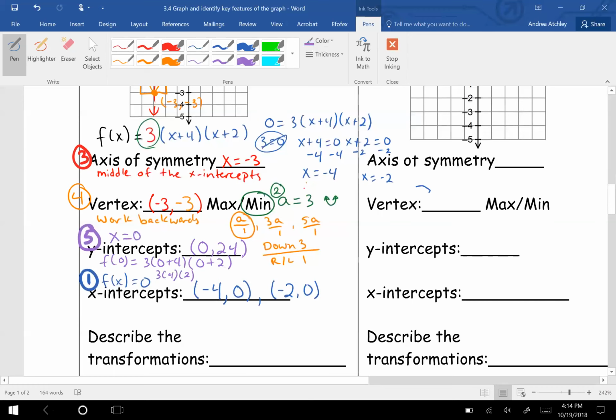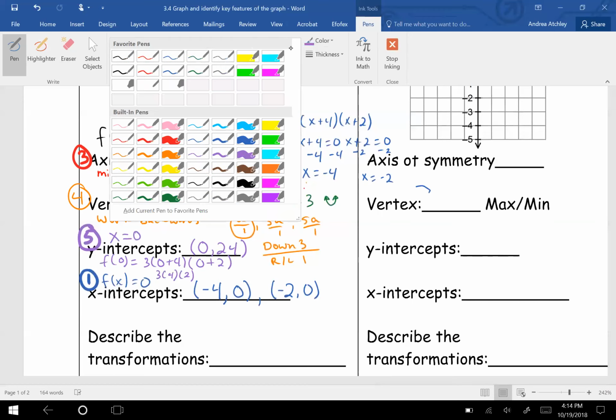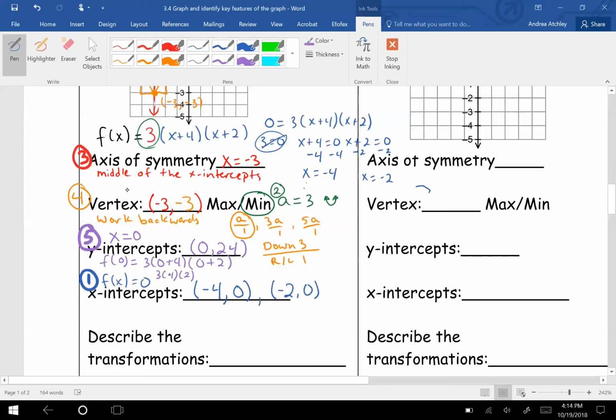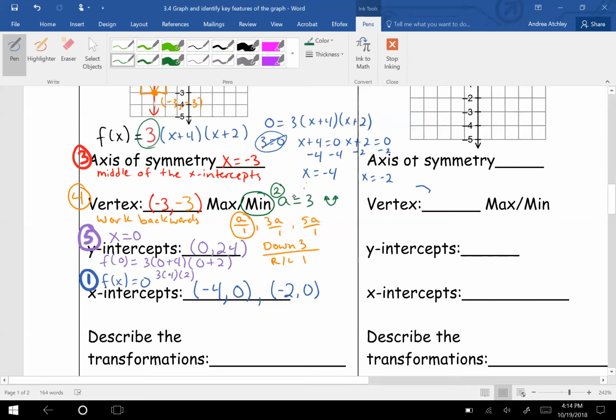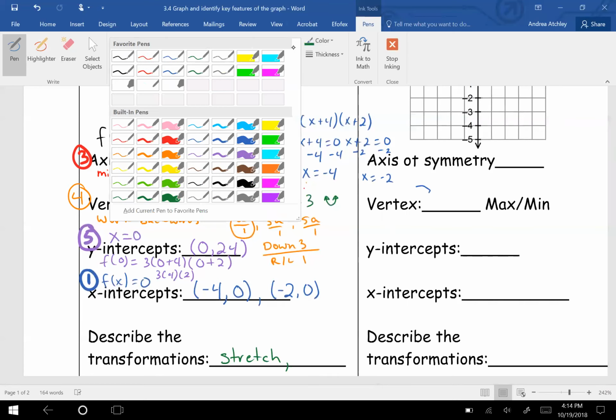Then to describe my transformations, since the a value is 3, that's going to be a stretch. If the absolute value of a is greater than 1, then it's a stretch. Then my vertex will tell me which direction to move for everything else.